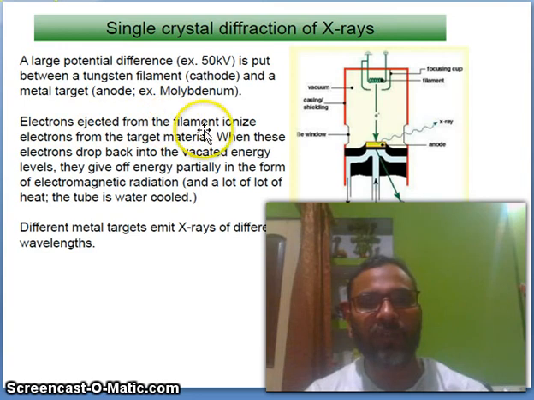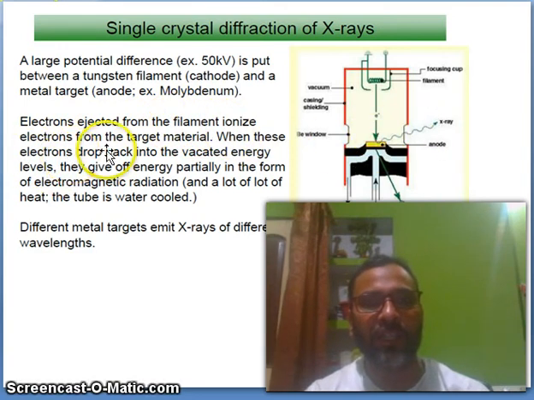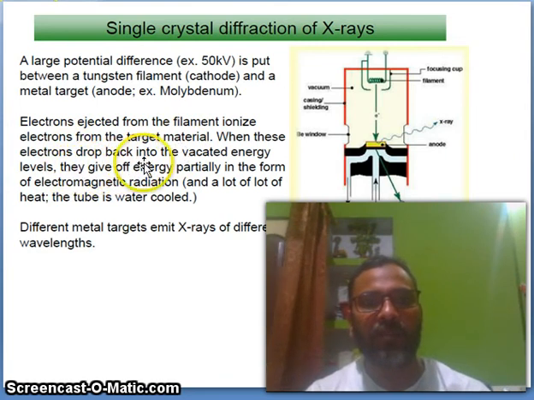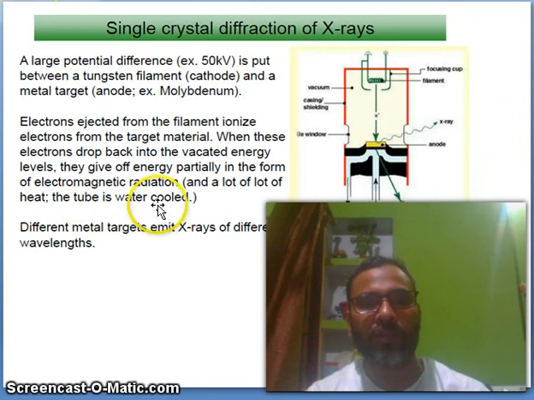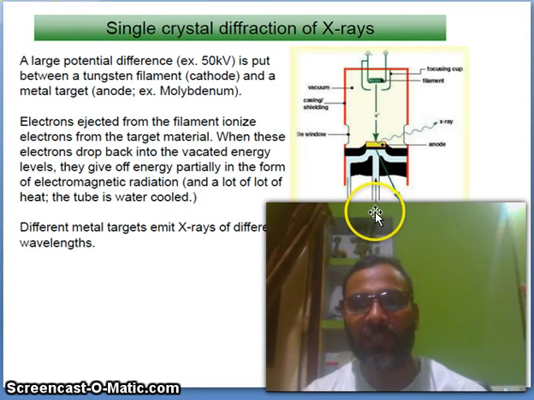Electrons are ejected from the filament and ionize the electrons from the target material. When these electrons drop back into the vacated energy level, they give off energy partially in the form of electromagnetic radiation and a lot of heat. The tube is water cooled. Because of the lot of heat, there is all the time a need for the chiller, water cooling.